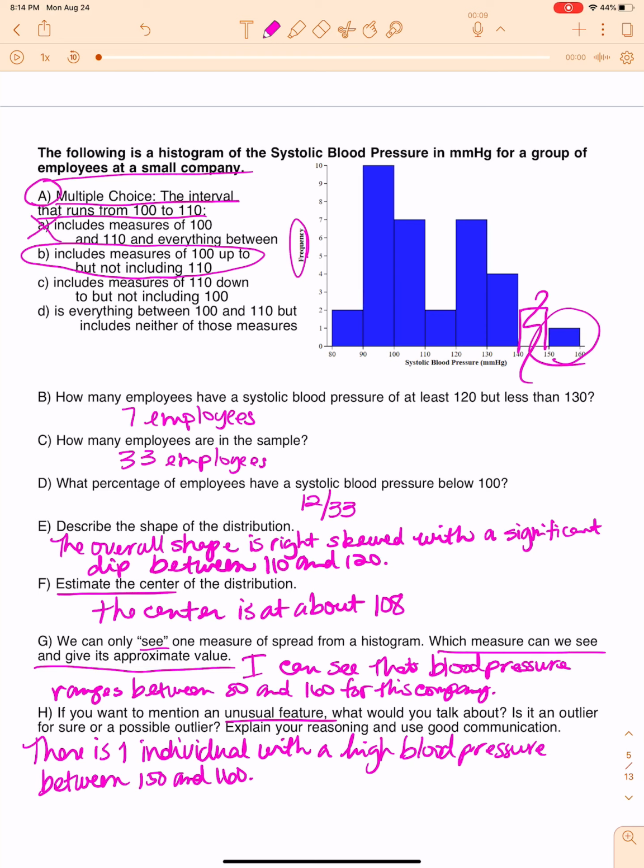Well, without running the outlier test, which is a specific mathematical way to say for sure whether this is an outlier, we can only say it appears to be or it is a possible outlier. When I say stuff like appears or approximately or about, those are called wiggle words.